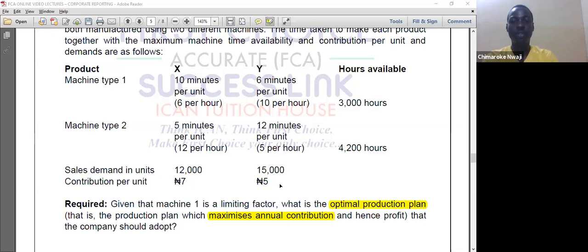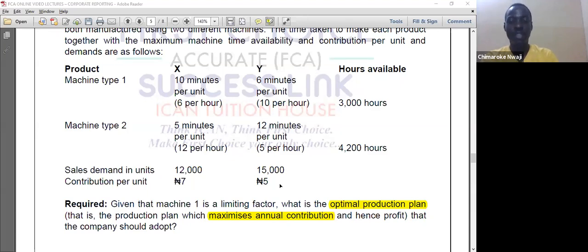If this is your total hours, 3,000 hours, the first one gives you 1,500. So for you to know the second one, all you need to do is your total minus this first one of 1,500. That means 3,000 minus 1,500 gives you 1,500.